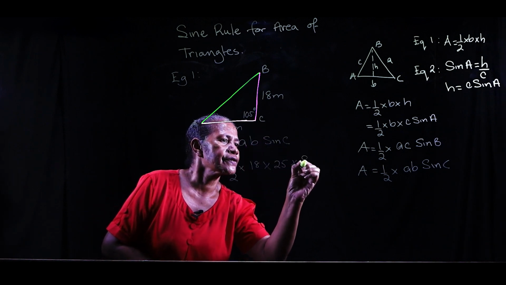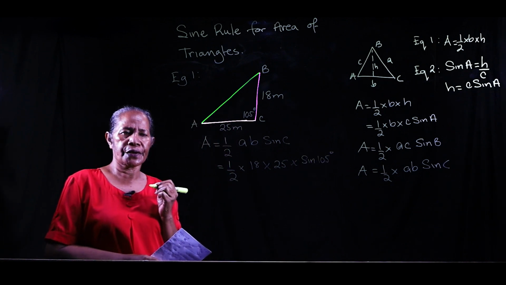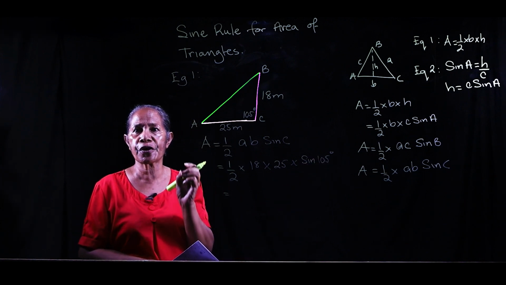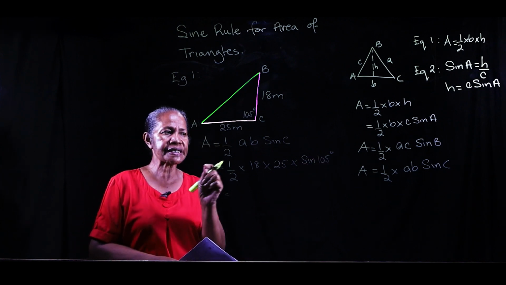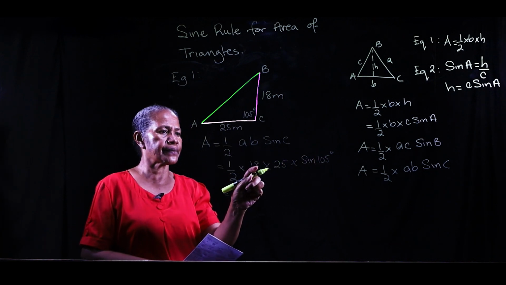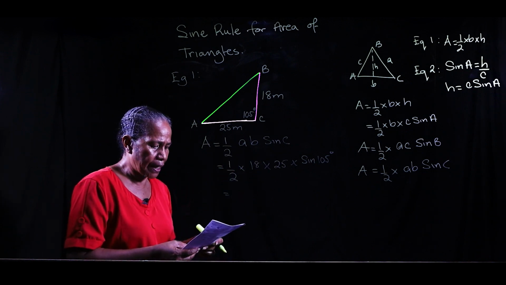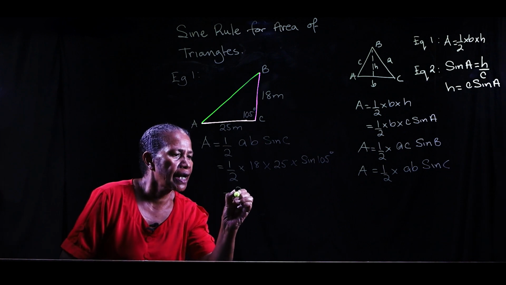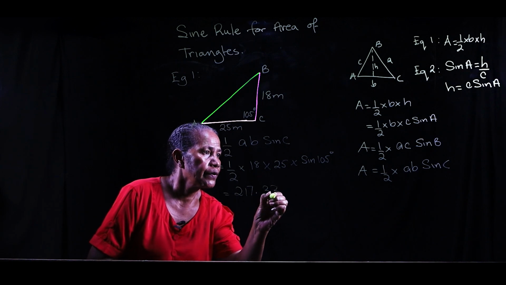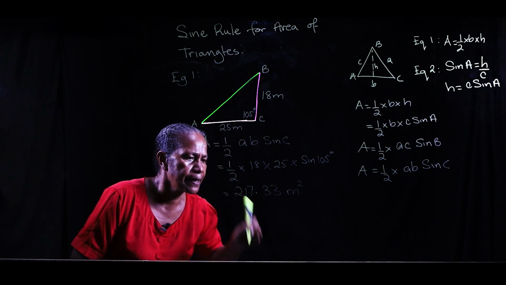Now, sine 105 degrees can be taken from your calculator. When you press sine 105, the value will be there. So we get the value of sine 105 times 18 times 25, and then we take a half of that, and our answer is 217.33 meters squared.